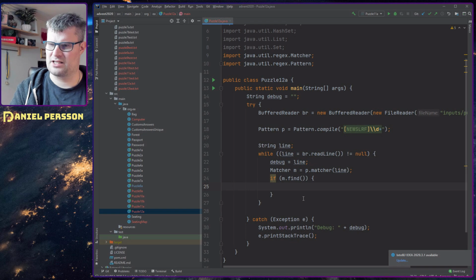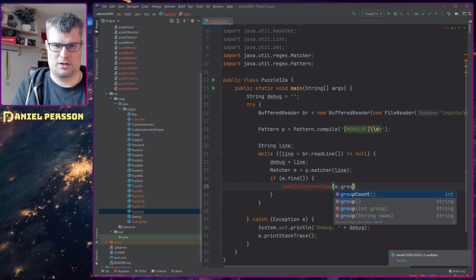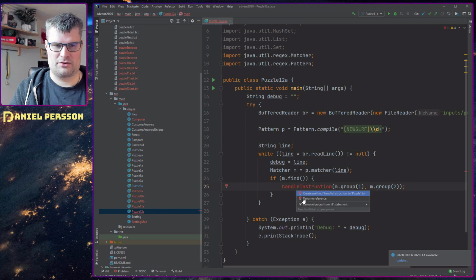So let's say that we call it handleInstruction, and it takes the matcher's group 1 and the matcher's group 2. So that's the instruction that we want to handle.